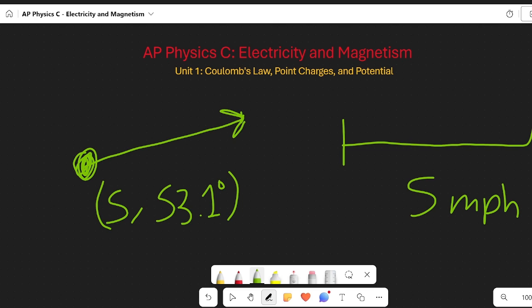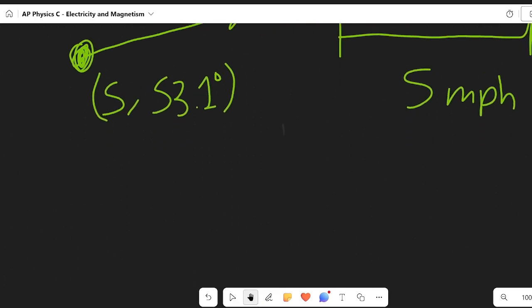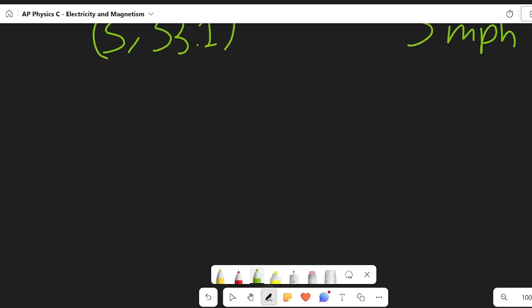So now let's see how we can manipulate these. The three things we'll be looking at first are vector addition, scalar multiplication, and vector subtraction. Let's start off with vector addition. Essentially, we will use the tip-to-tail method.